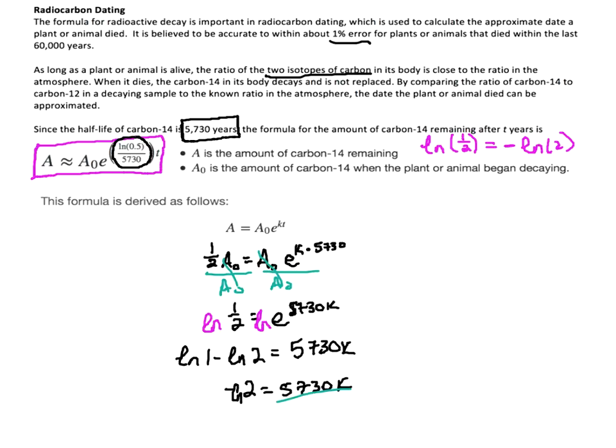Divide both sides by 5730. And that is how we get that k is equal to the negative ln of 2 divided by, and this time it's 5730, our known half-life. Okay, so now we are ready to work with this function.